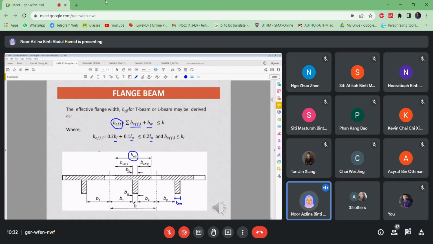For example, this is the flange beam, T beam, which is normally found for the internal beam. For the internal beams here, B effective means the length for the T beam. So BW is the width for the web.